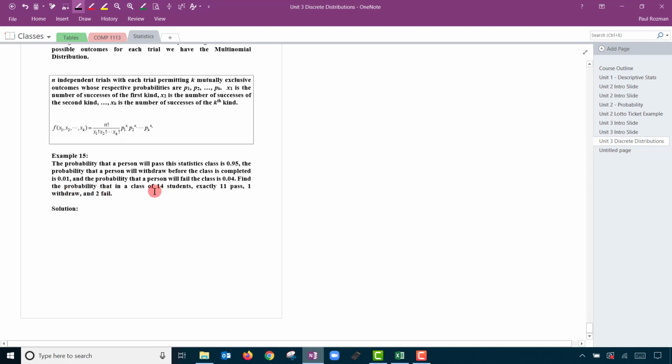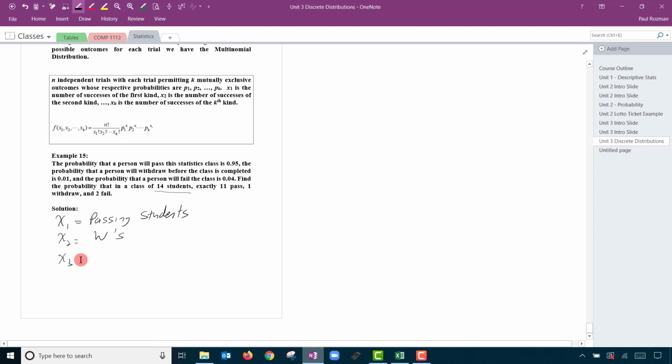I have a small class of 14 students. What's the probability that 11 pass, 1 withdraws, and 2 fail? So I have x1, which is my pass. Variable 2 will be my w's.